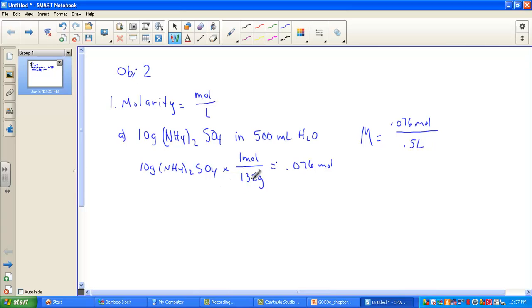And our value for big M, the molarity of our solution, comes out to be 0.1515 repeating, so I'll carry 2 decimals, 0.15 molar units of ammonium, NH4 taken twice, sulfate, SO4.